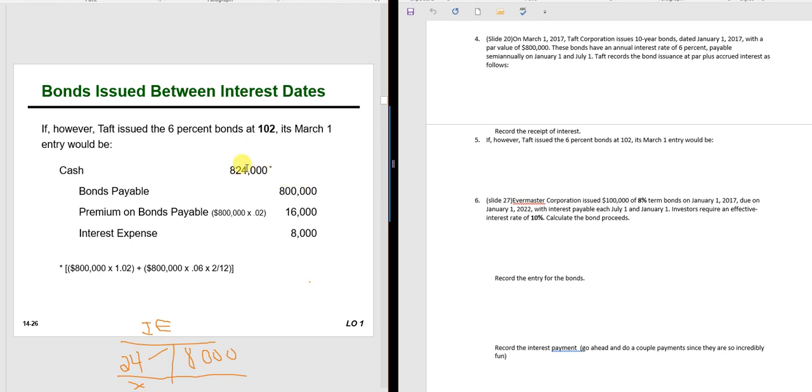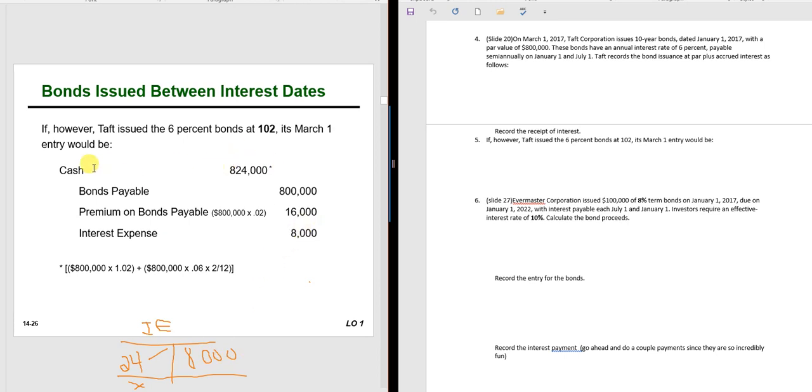Debit cash for 102. Okay, so I just put that in parentheses right there. 102 times $800,000 is $816,000. Credit premium for $16,000. And then I'm going to go ahead and do the interest expense that I credited and then add the other $8,000.